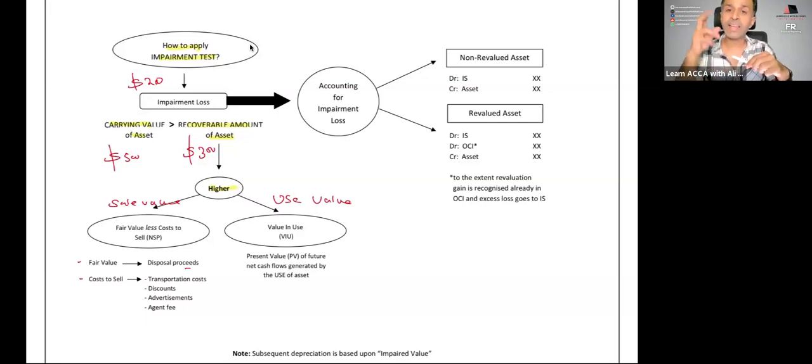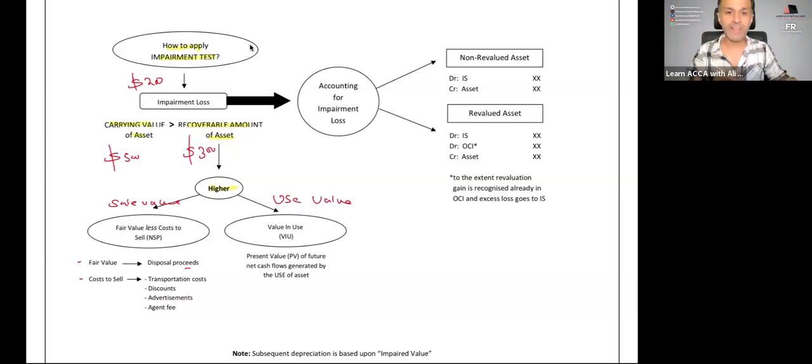Agency fees, hiring an agent to help you sell your asset on your behalf. So agency commission, surveyor fee, valuation fee, auctioneer fee. All of these are examples of selling cost. These need to be offset against the proceeds to find the fair value less cost to sell. As the name suggests, fair value less cost to sell.